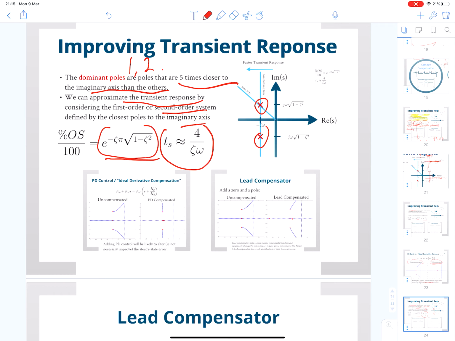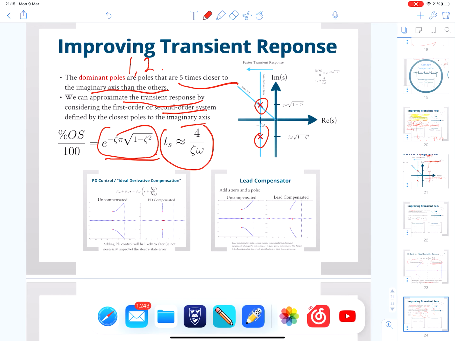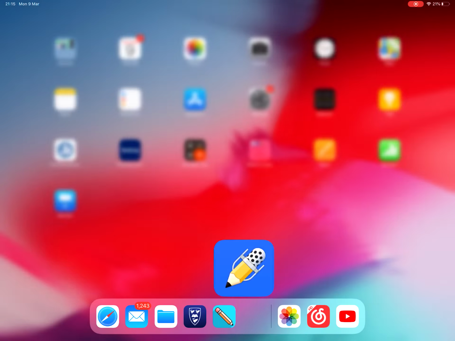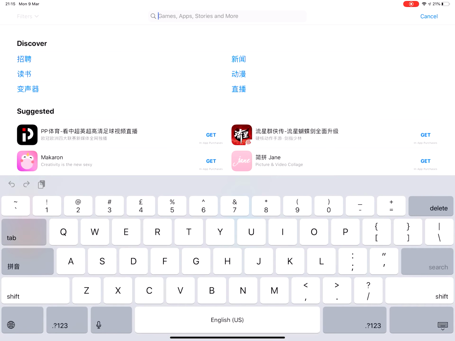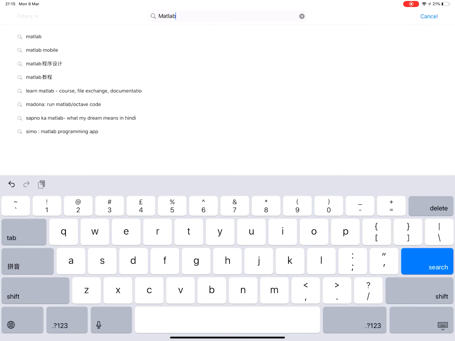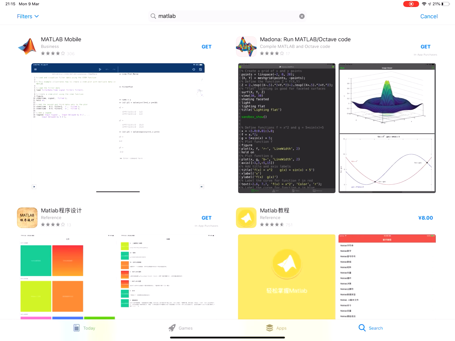So let's look at this. How does this look? In order to do that, we would like to download Mathematica. The thing is, I do not have Mathematica, so that is a bad thing, right? Can I use that?